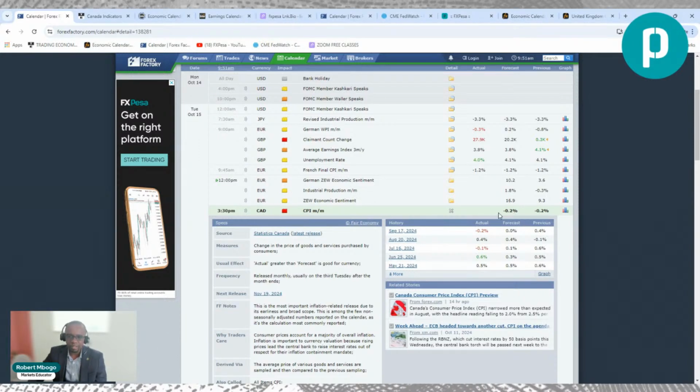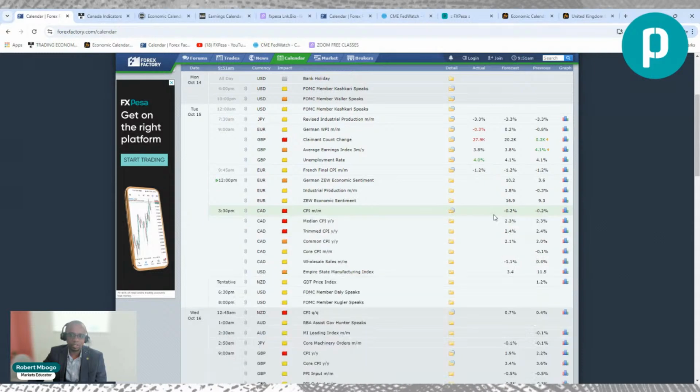So what happens if this number increases? For example, what if this number comes out at 0.1%? If that happens, we will see the Canadian dollar strengthening. However, if this number continues dipping, then we will see the Canadian dollar weakening. So that's what we have on the CPI month to month.